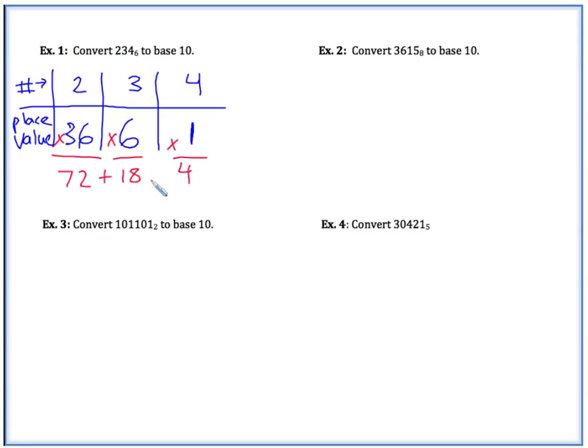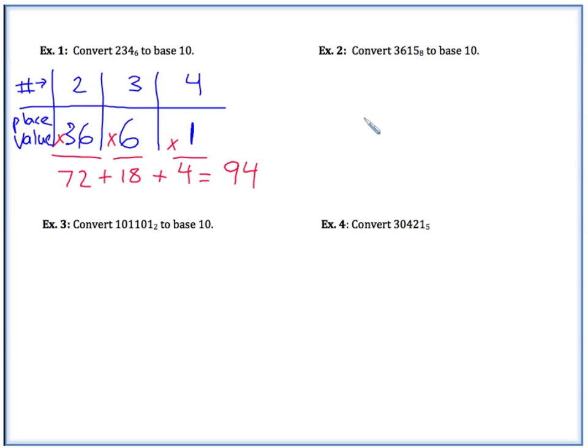So if we were to add this together now, we would get 94. Okay, so what we're really saying is 2 groups of 36 and 3 groups of 6 and 4 groups of 1 is the same as 9 groups of 10 and 4 groups of 1.